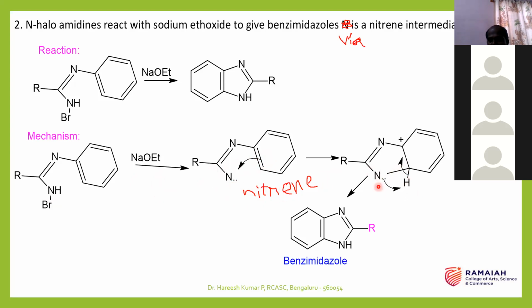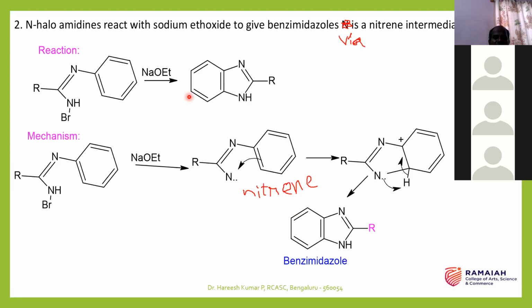That's what I have written here. Still there are 2 electrons on nitrogen, and these 2 electrons on nitrogen capture this proton. Why is it capturing this proton? Because the bonded pair moves over here to regenerate the aromaticity.